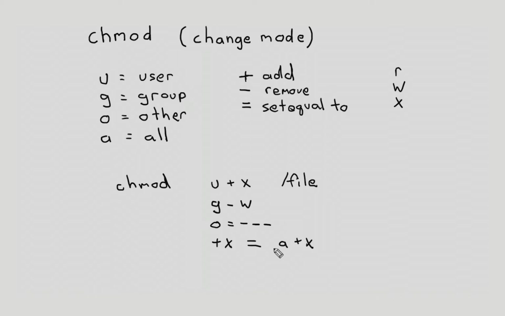If you don't put anything before the arithmetic sign, it assumes a. So just be careful when you're doing that. If you just do chmod plus x on a file, you just gave everyone on the whole system the ability to execute that file, which may not be what your intention was. And a lot of people use that as a shortcut sometimes. So this can be a little easier sometimes.